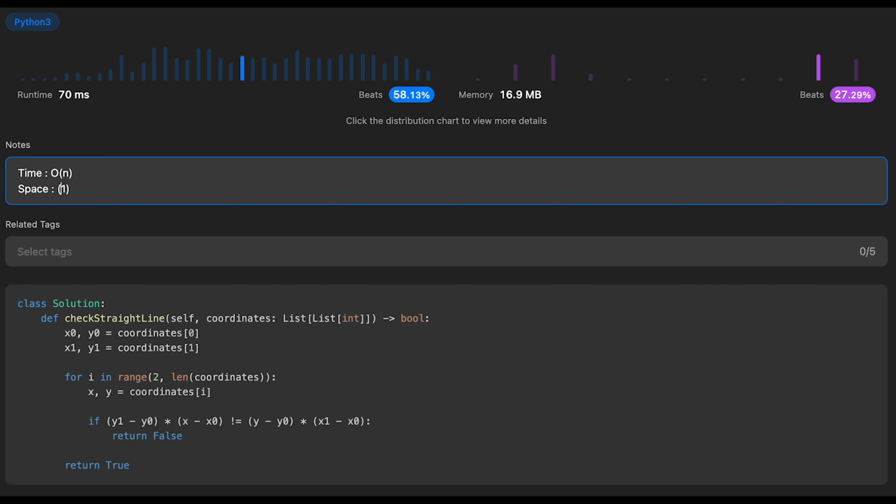And the space complexity should be order of 1, because we don't use an extra data structure, just simple variables like x0, x1, something like that. So that's why space complexity is O(1).